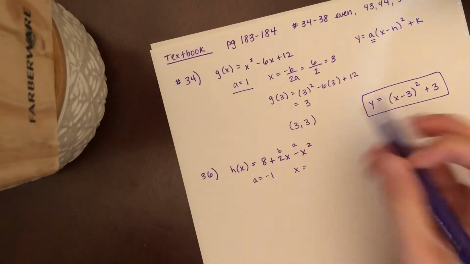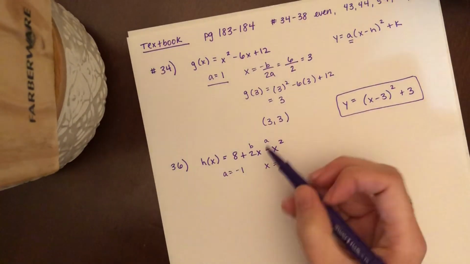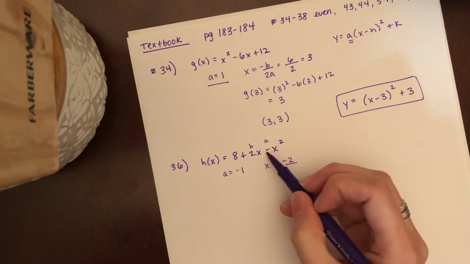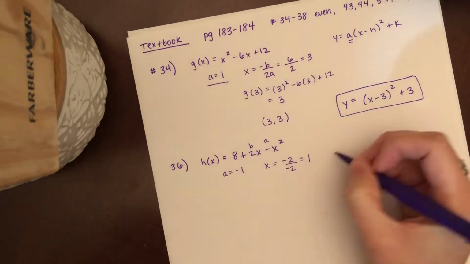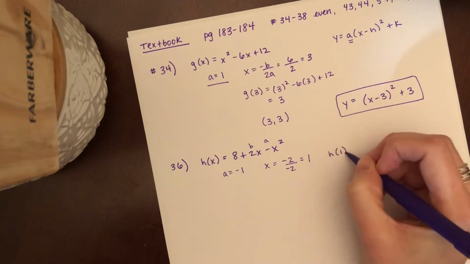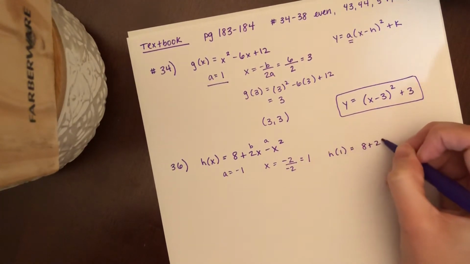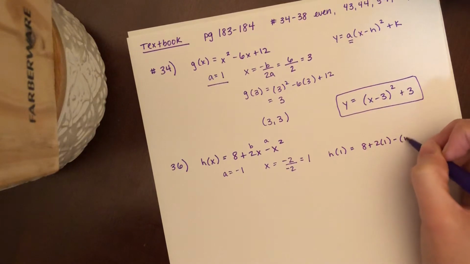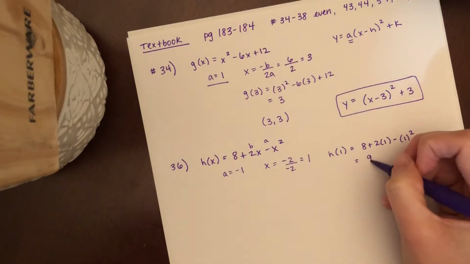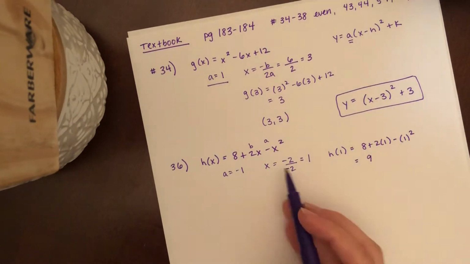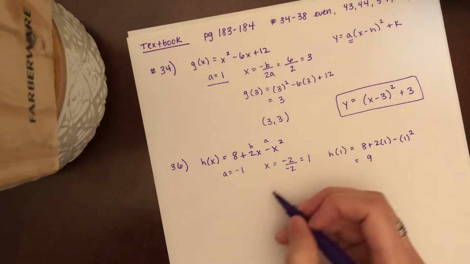To find our x coordinate, we'll use negative 2 over 2 times negative 1. And then plug it back in to our function. So if we plug in 1, everything simplifies to just 9. So our vertex would be the coordinate 1, 9.